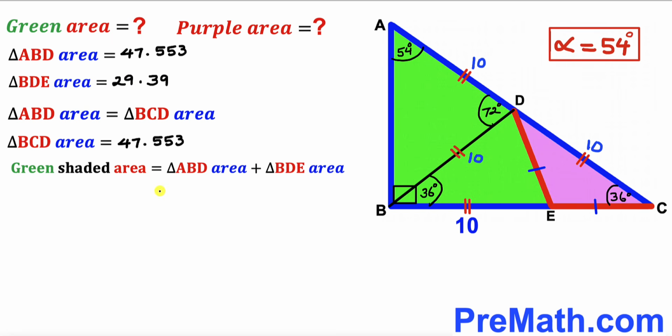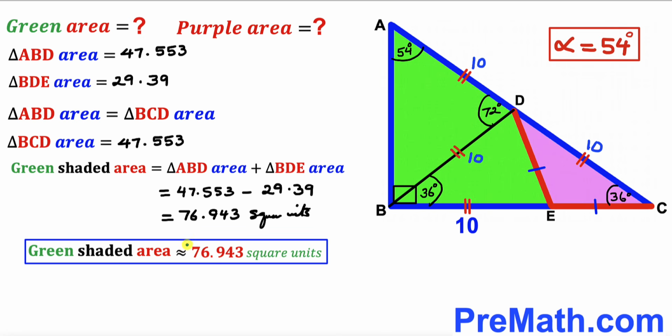Let's go ahead and fill in the blanks. So we can write 47.553 plus 29.39, and if we add that, that is going to give us 76.943 square units, the area of this green shaded region.